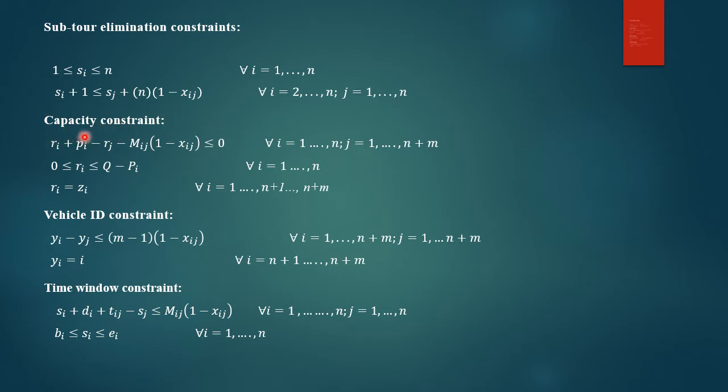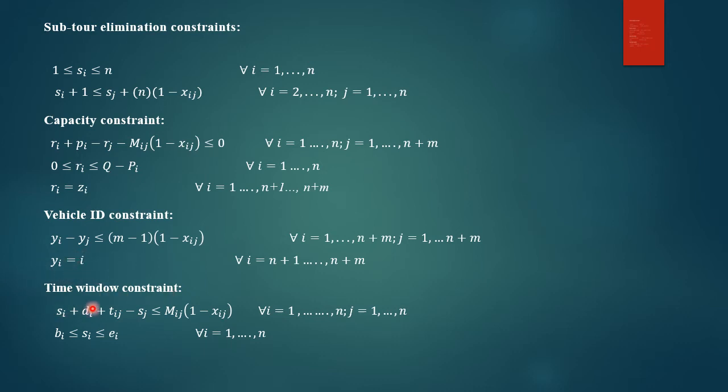The capacity constraint gives the amount of crude oil left in the tanker at any given node. All tankers have different capacities at different nodes. The vehicle ID constraint is helping to track the tankers and their routes. It simply checks the entering tanker on node i and the leaving tanker from the same node, and thus continuing this cycle, it tracks the whole route of the tankers.